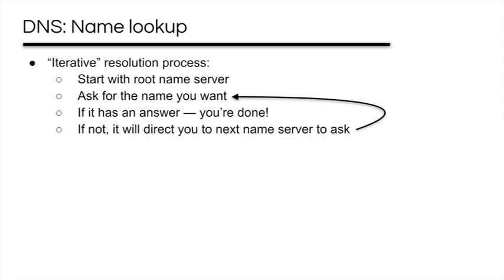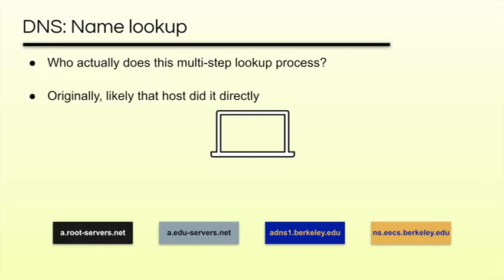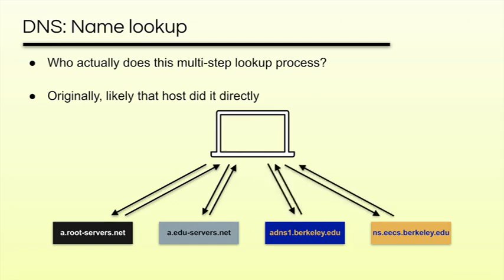Okay, so back to the lookup process here. This has raised three important questions. The first one is, who actually does this multi-step lookup process? Originally, back in the 80s, it was likely that a host did this directly. That is, the host would query the root server, get the response back, query the top-level domain server, then query the authoritative servers, and eventually get the answer.